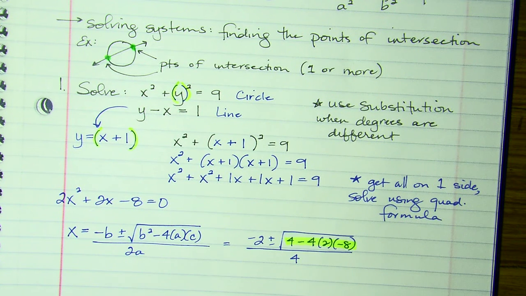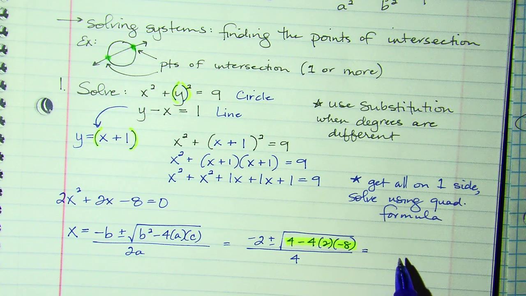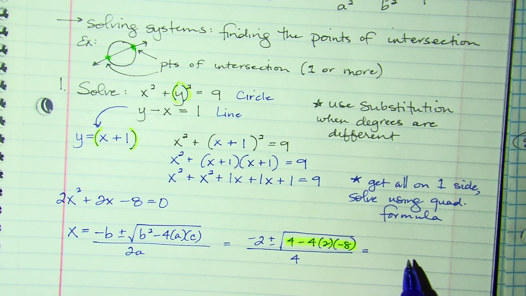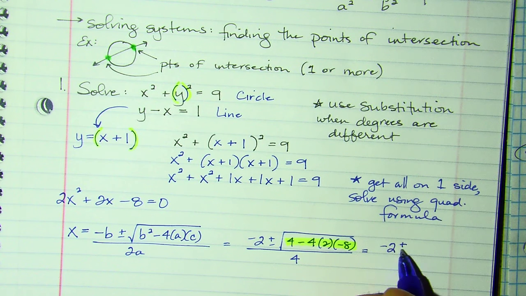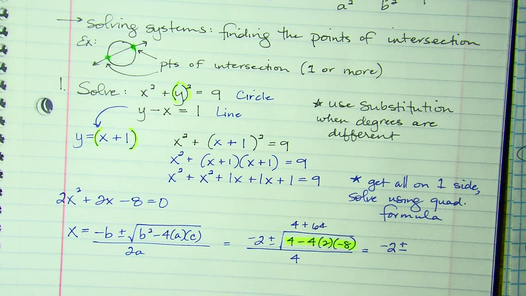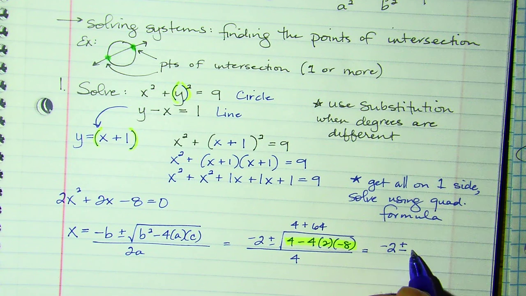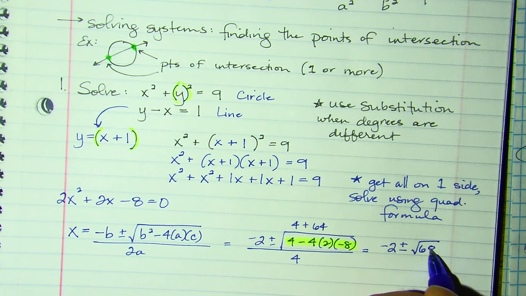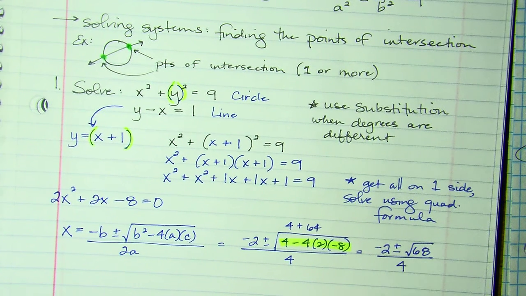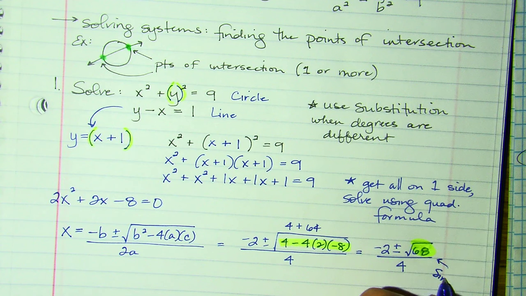Okay, so I get negative 2 plus or minus, that would be 4 plus 64, if I am correct, because 4 times 2 is 8, 8 times 8 is 64. So that would give me the square root of 68 all over 4. And then I have to simplify the radical.